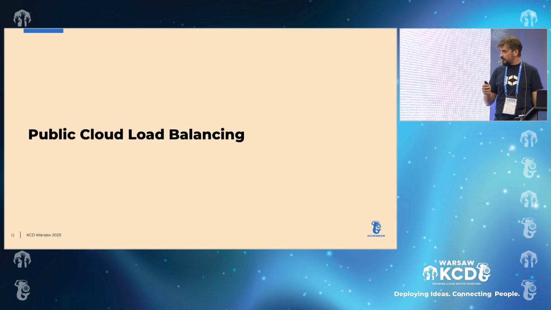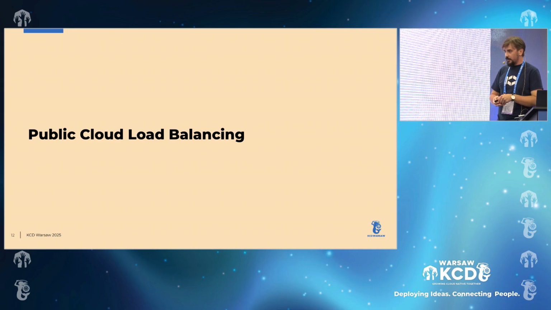But before that, I want to talk about public cloud load balancing, right? If we assume ingress traffic and how we control it in public cloud, this talk probably wouldn't make any more sense, because everything seems to be working there. We have a gateway API controller or ingress. We just deploy it.